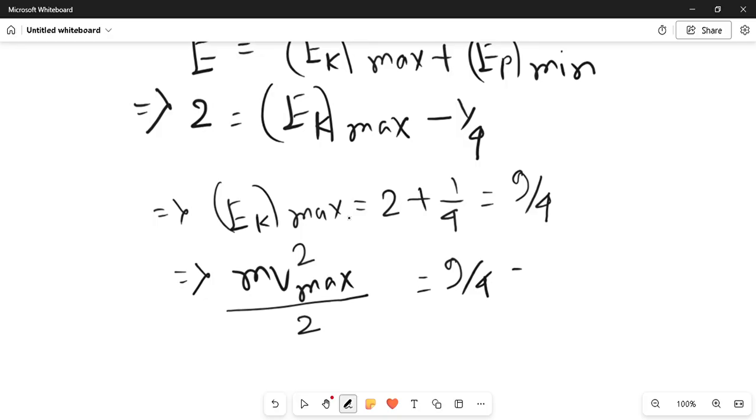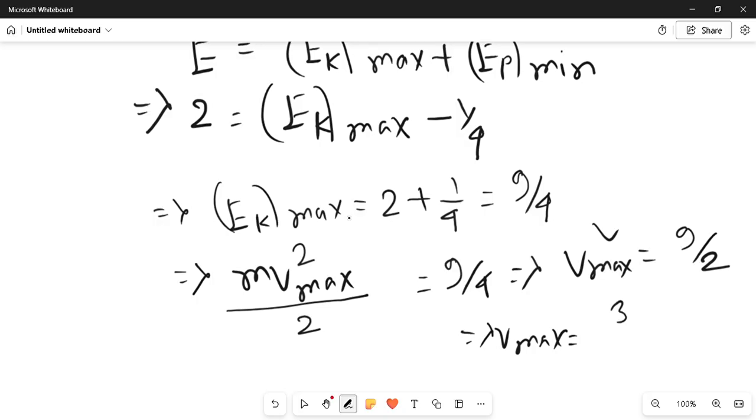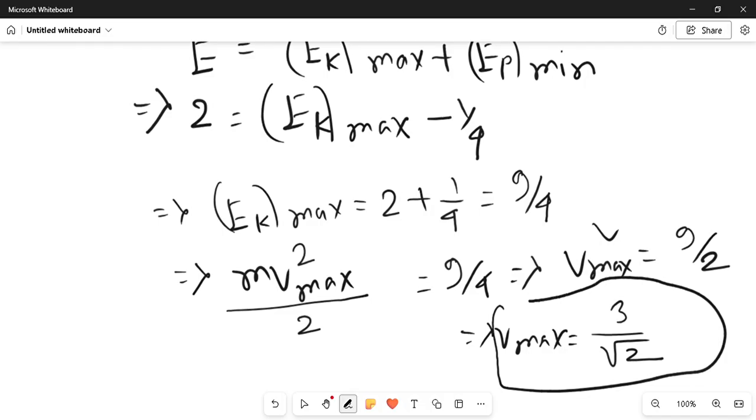With m equal to 1, half v max square equals 9 by 4, so v max square is 9 by 2, and v max is equal to 3 by 2. So this is my answer. I think it is understood by all. Goodbye.